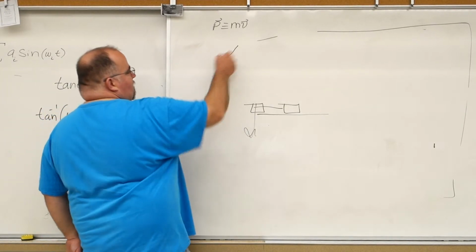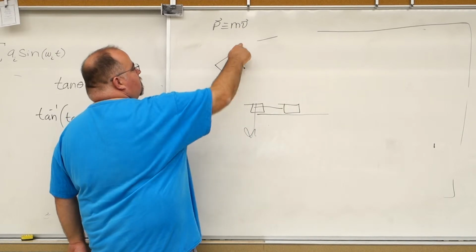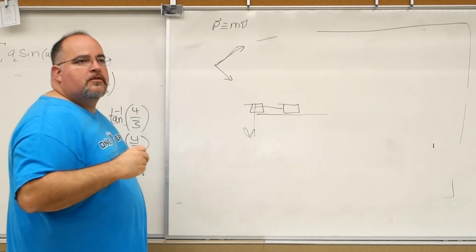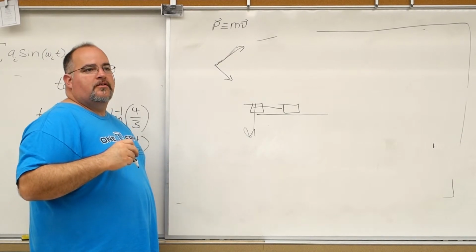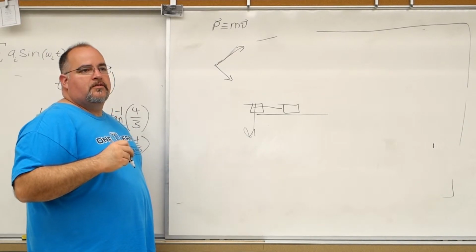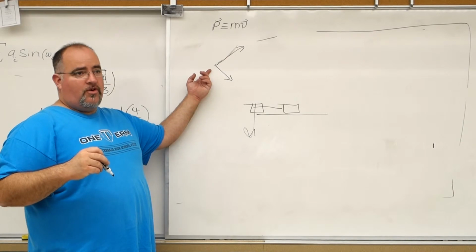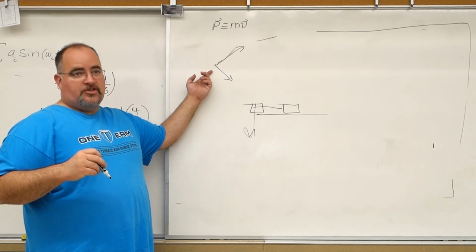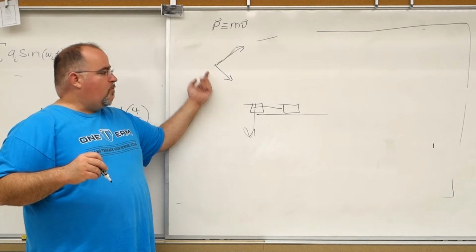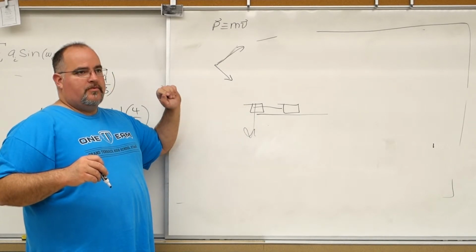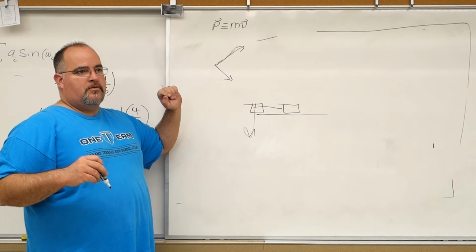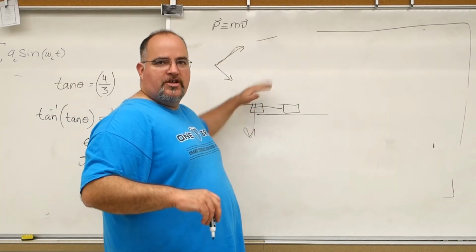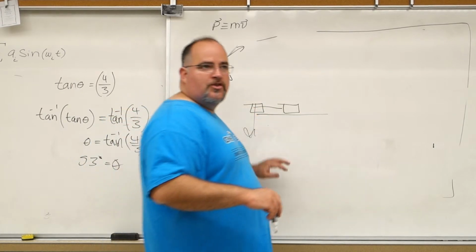Would you define your coordinate system like this? Why not? Can you have your coordinate system twisted like this? Yes, you can. But why would you not do that for this problem? Yeah, because it's moving in the x and gravity's acting on the y. So you want your coordinates to be parallel or perpendicular to those things.